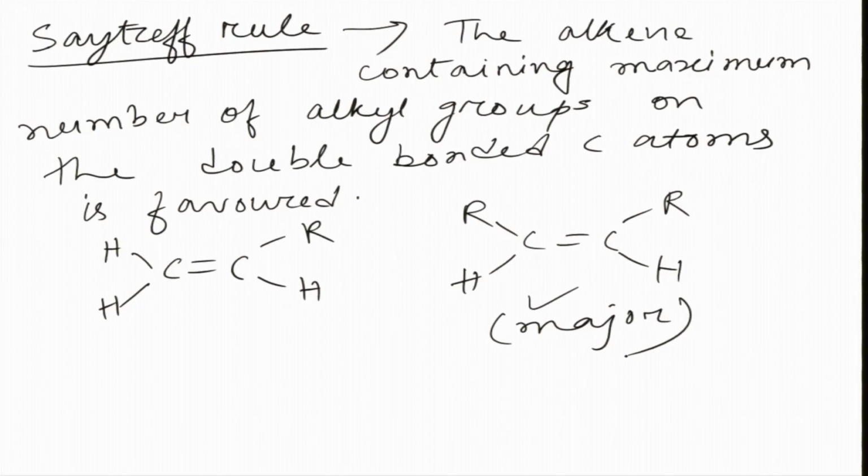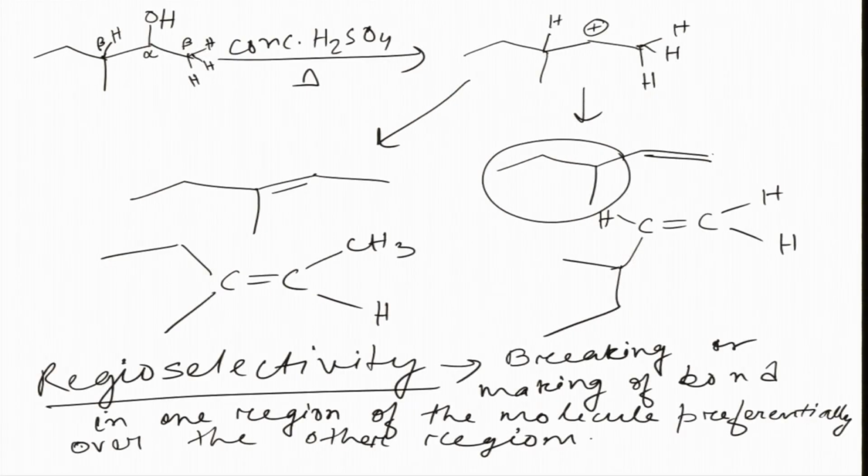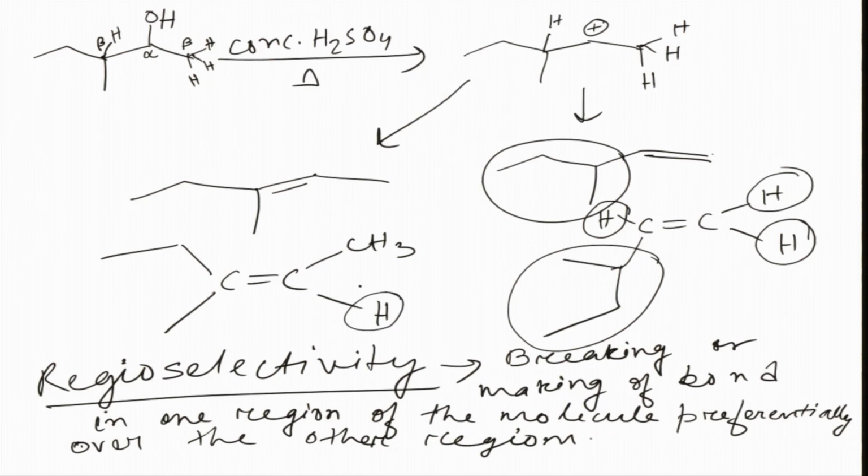So, similarly in our case, these were the two products. In this product, what was happening? There were 3 hydrogens and 1 alkyl group, and in this case there is only 1 hydrogen and 3 alkyl groups, right? So, this alkene will be favored.